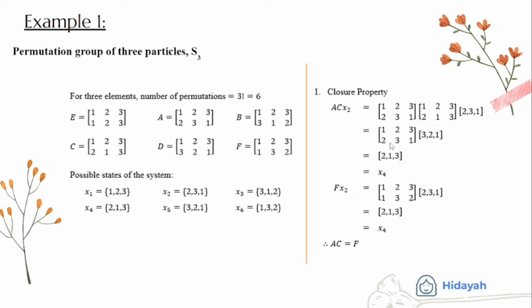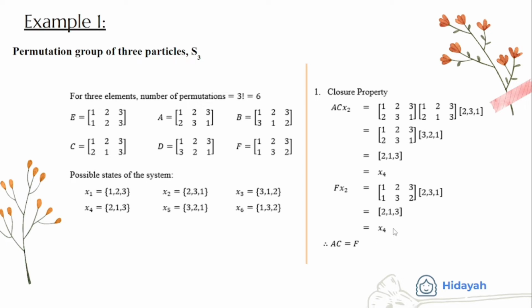Then with the new binary operation, we put it the same way: the first element by the second element. What is the second element? It is 2. So this is 2. For the rest, we will get the answer the same as x4, which is 2, 1, 3. After that, we take the binary operation of f and x2, the same way as before.